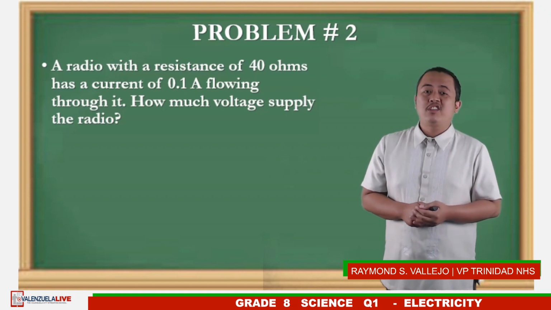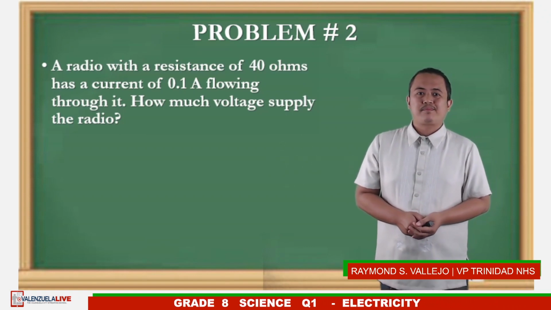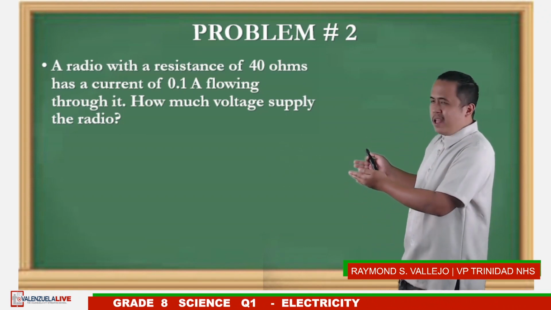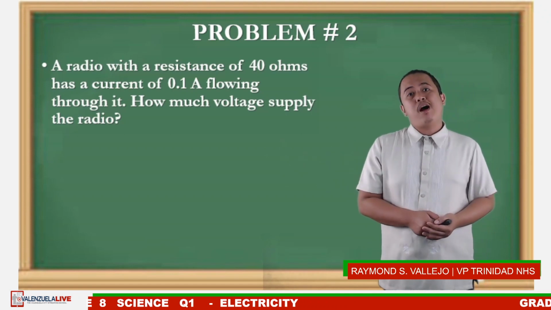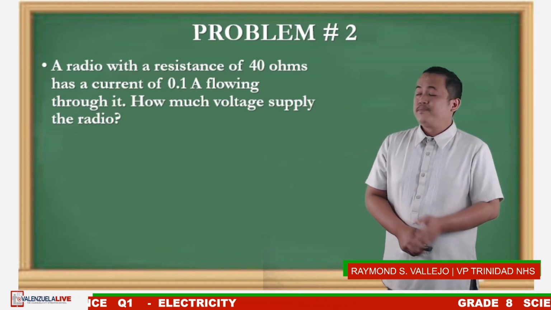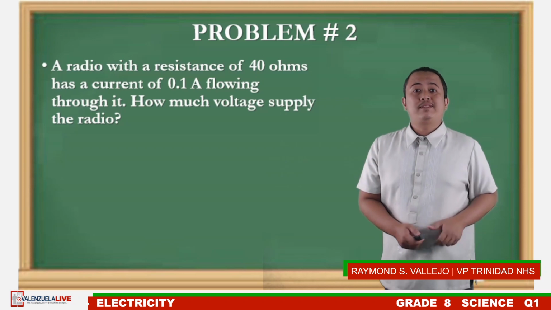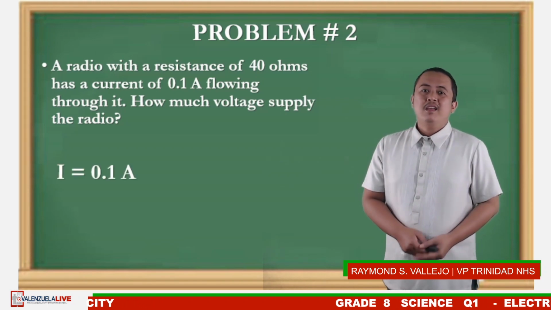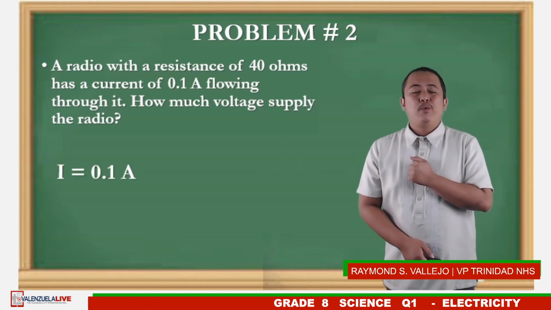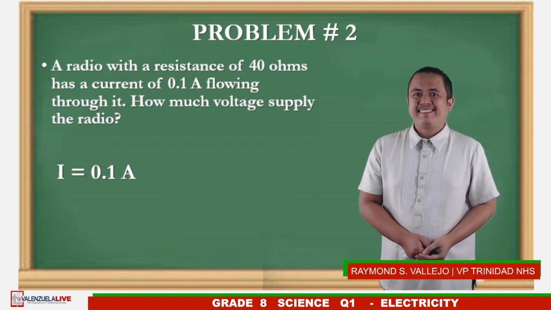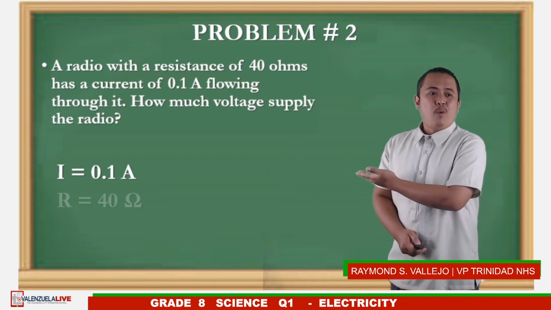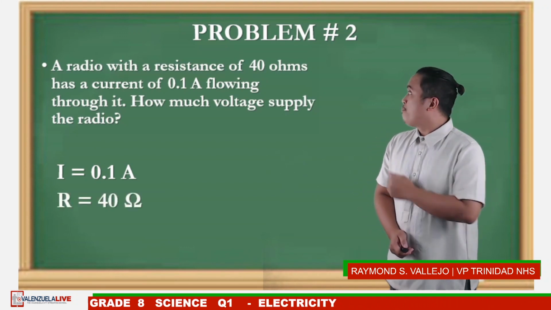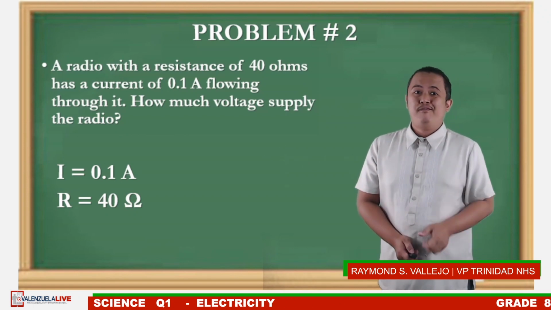How much voltage supply the radio? So we can see that the given quantities in the problem are, first, 40 ohms, which represents resistance, and 0.1 amperes, which represents current. So the missing quantity for this problem is voltage.